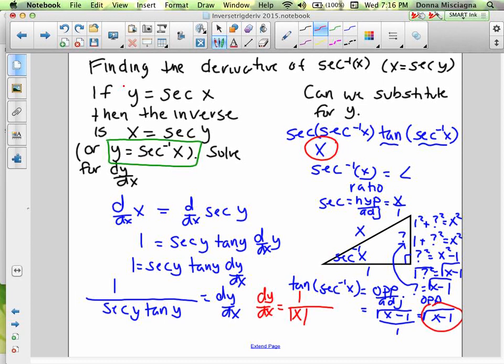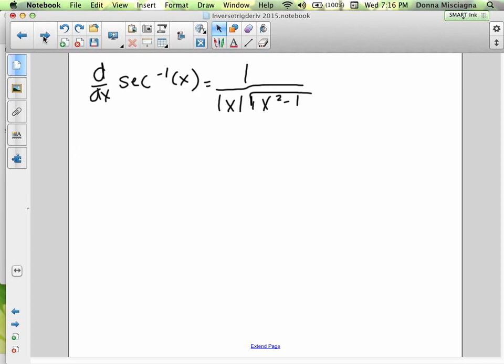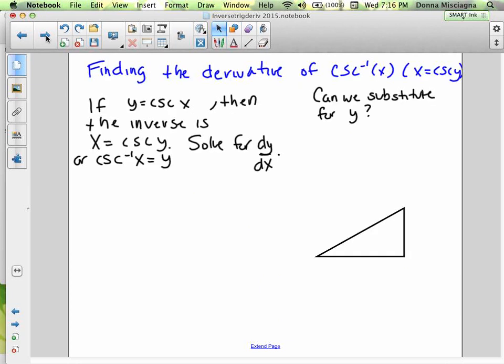So it's going to be the absolute value of x times the square root of x minus 1. And now we have derived the derivative for arcsecant. We did it. The derivative of arcsecant is 1 over the absolute value of x times the square root of x squared minus 1. That one took us a little longer, but I don't think this one will take us as long.